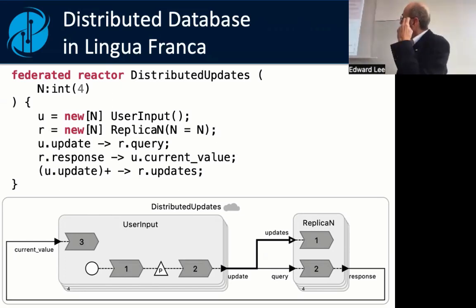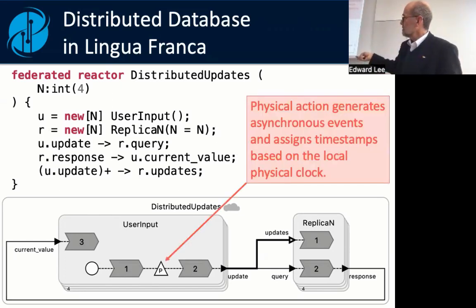In Lingua Franca, we timestamp events using the local clock using a construct that we call a physical action, which gets rendered in the diagram as this little triangle with a P. But this produces an event that is timestamped by the local physical clock, and that will timestamp the time of the deposit or withdrawal.